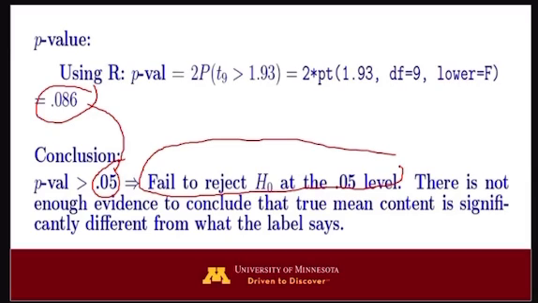Does that make sense? Now let me tell you this. In a court of law, the null hypothesis, H naught, is going to assume that the accused is innocent. HA, the alternative, is going to say is guilty.